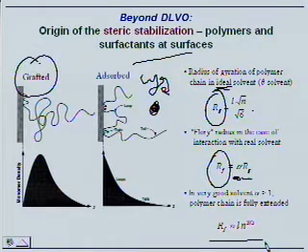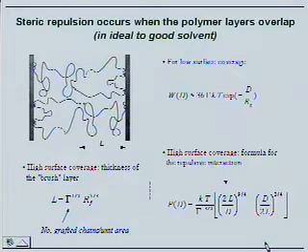Pushing two surfaces with polymer on top close to each other is going to be the equivalent of really desolvating them. If you push them too close, you're going to really extract the solvent out of it, and you're going to have this polymer on its own, which it's not likely to like.